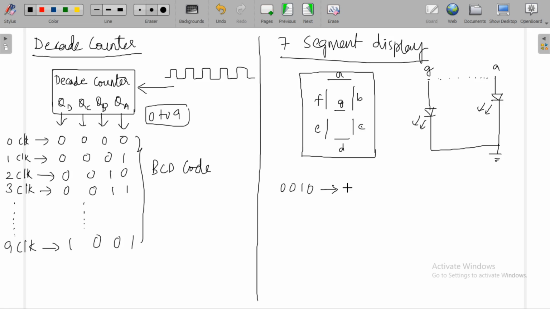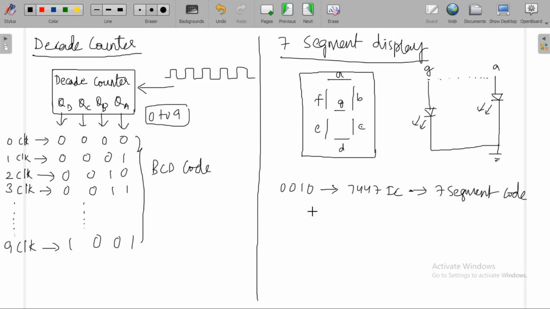This code is given to the 7447 IC, and this will produce 7 segment code. This 7 segment code is given to this 7 segment display.